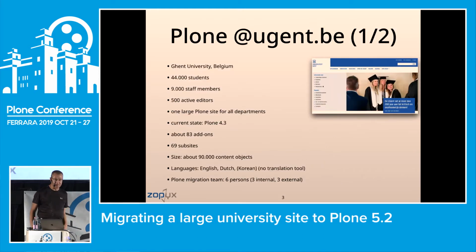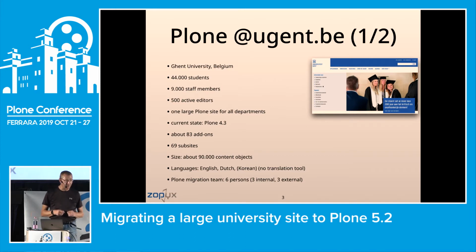So some facts about the University of Ghent in Flanders, Belgium. It's a university with 44,000 students. They have something like 9,000 staff members, something like 500 active editors, working on one large Plone installation. The current Plone installation at UGent is based on Plone 4.3.